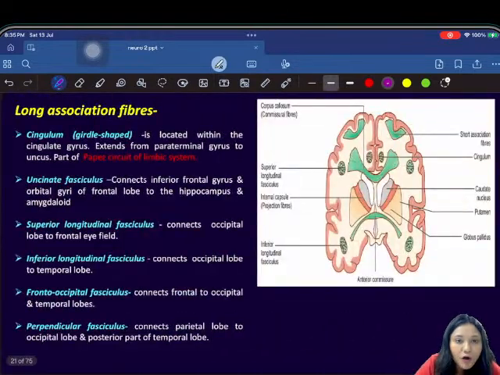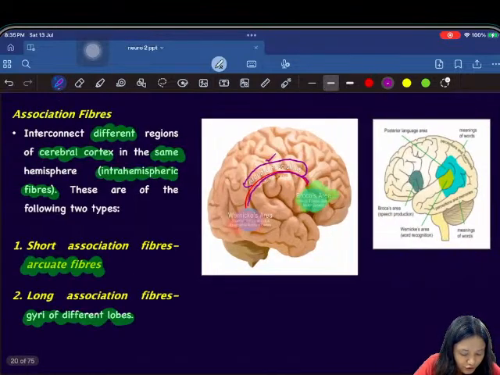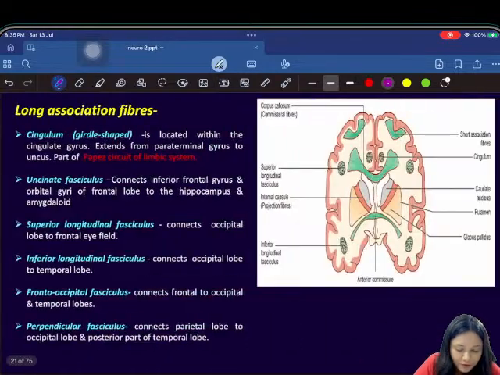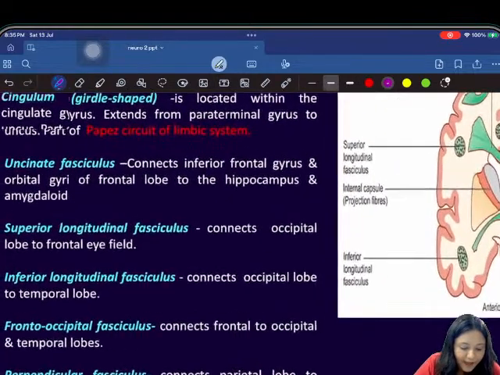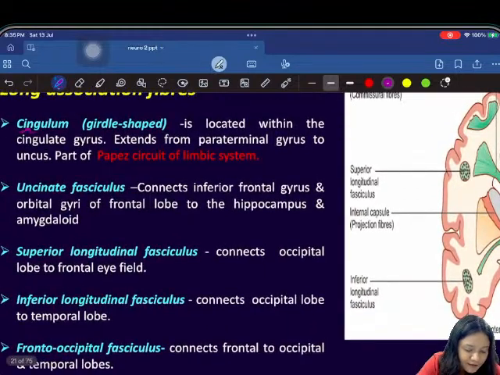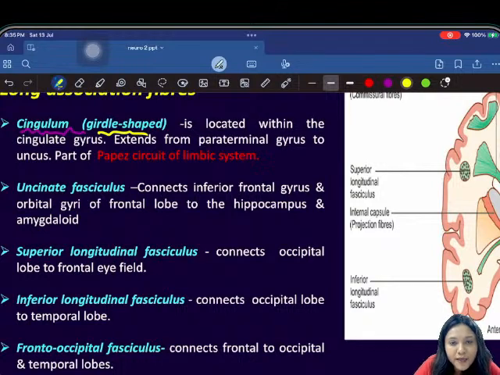If you see the long association fibers, as we have studied the short association fibers, that is the arcuate fasciculus, in the long association fibers you have the cingulum. Okay, it is present on the medial surface, located in the cingulate gyrus, and it is a part of the Papez circuit of the limbic system.